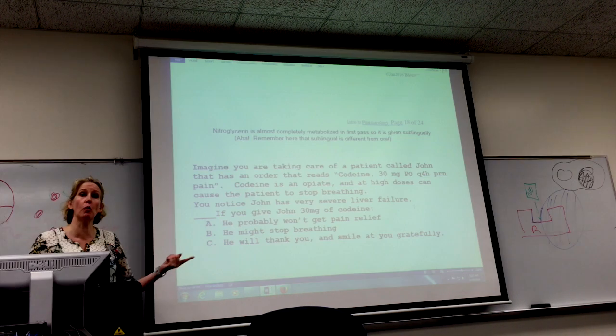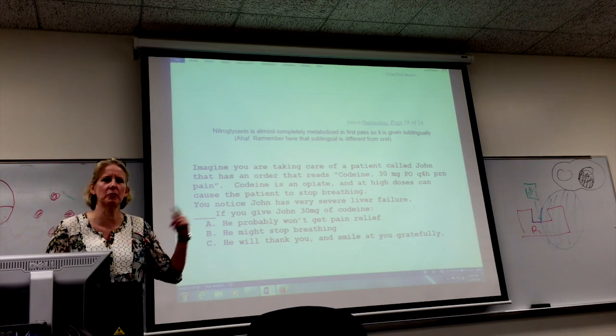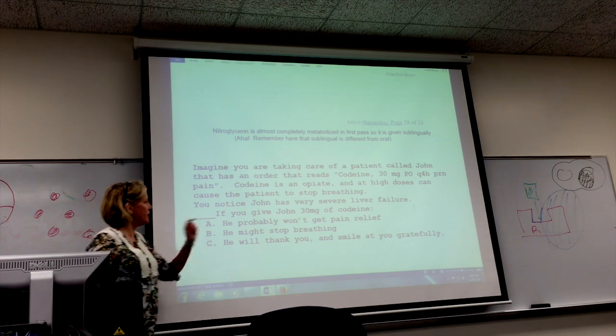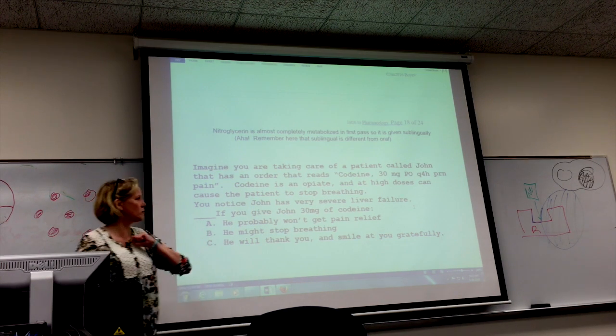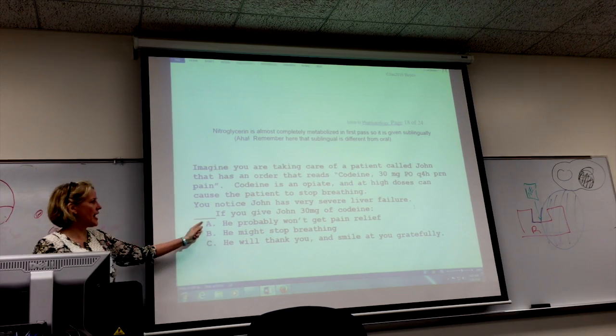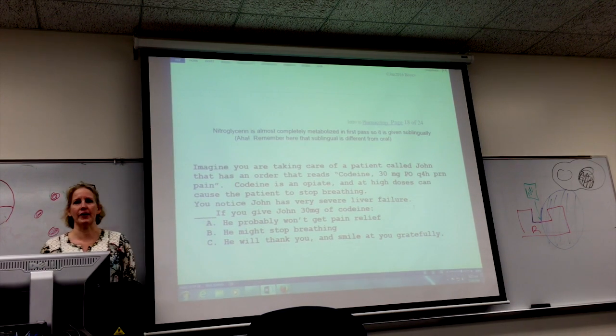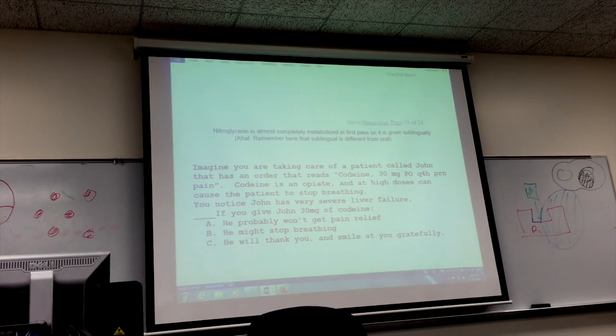All right. It gets turned into morphine. I think I was mentioning it during the break. That codeine is transformed in the liver to become morphine, and that's how it works. So if I give the patient his dose as written, he'll either not get pain relief, stop breathing, or thank you and smile gratefully. So which do you think that will be?